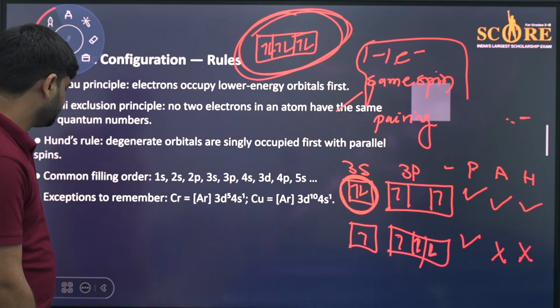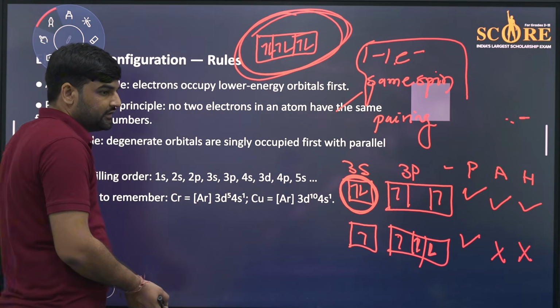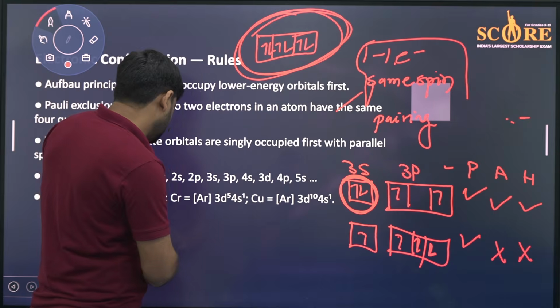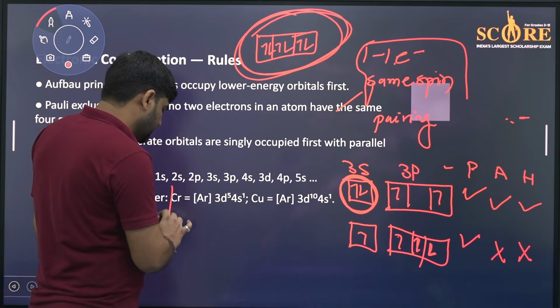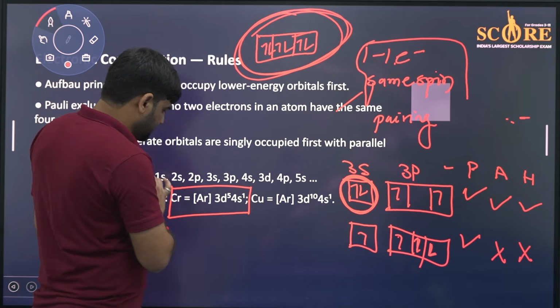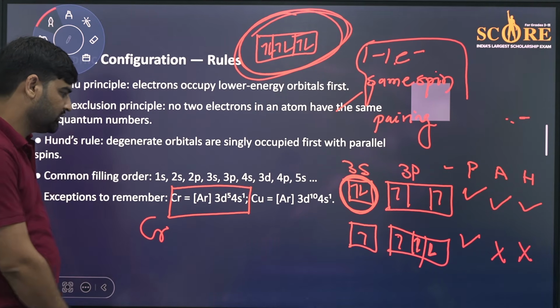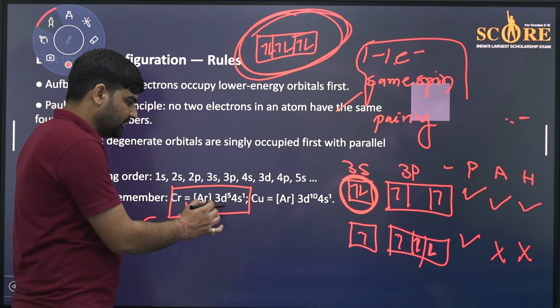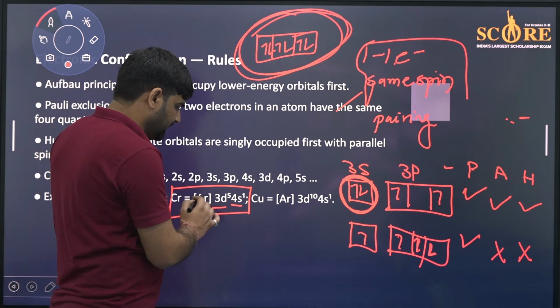Some electronic configuration exceptions are also present. For Cr, you have to write argon 18, then 4s1 3d5.